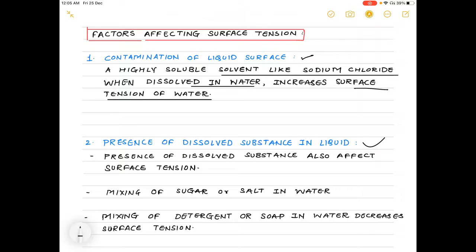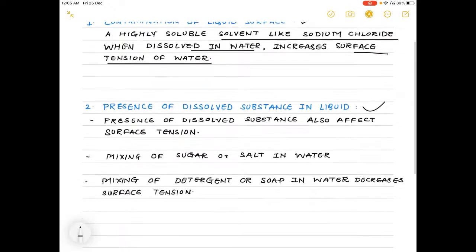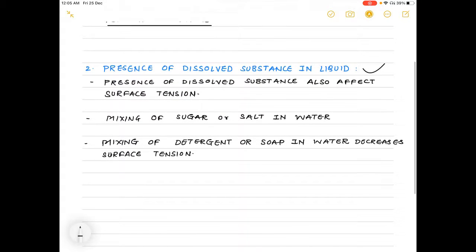So the force of attraction between the solute molecules and the liquid molecules exceeds the force of attraction between the liquid molecules. Getting it? So the force of attraction between the solute, which is dissolved in the water, and the liquid, and the force of attraction between the like molecules of the liquid. So that force of attraction between the solute and the liquid molecules exceeds the internal force of attraction between the liquid molecules.